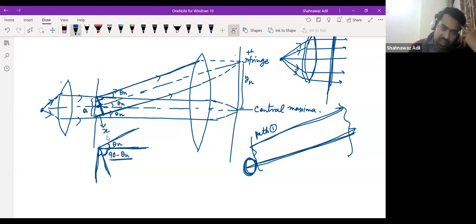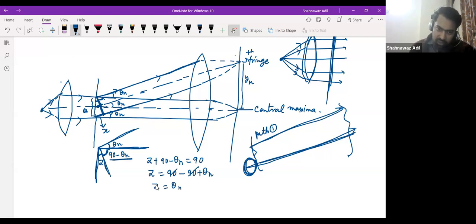Let's say this is z. So z plus 90 minus theta n is how much? 90. So if you take this to the other side, z is 90 minus 90 plus theta n. So z would be theta n, right? That is what I am telling.